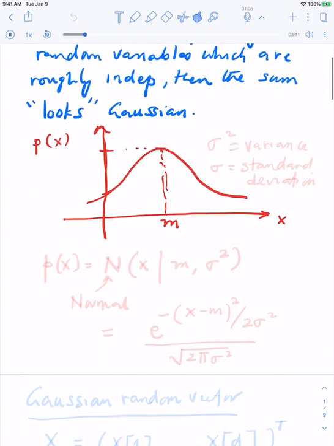So let me just write down without further ado the form of the density. It's p of x, and I'm going to denote it in this way: N of x given m and sigma squared.